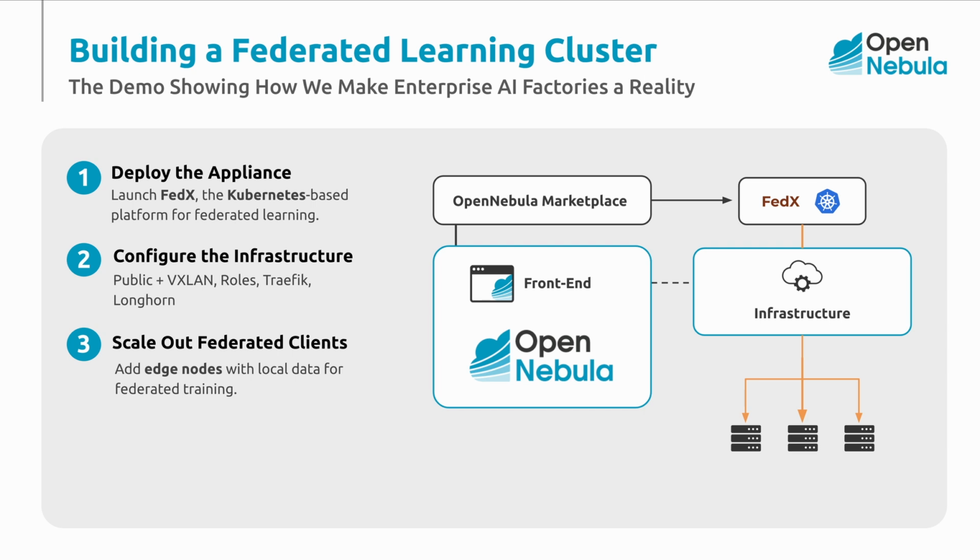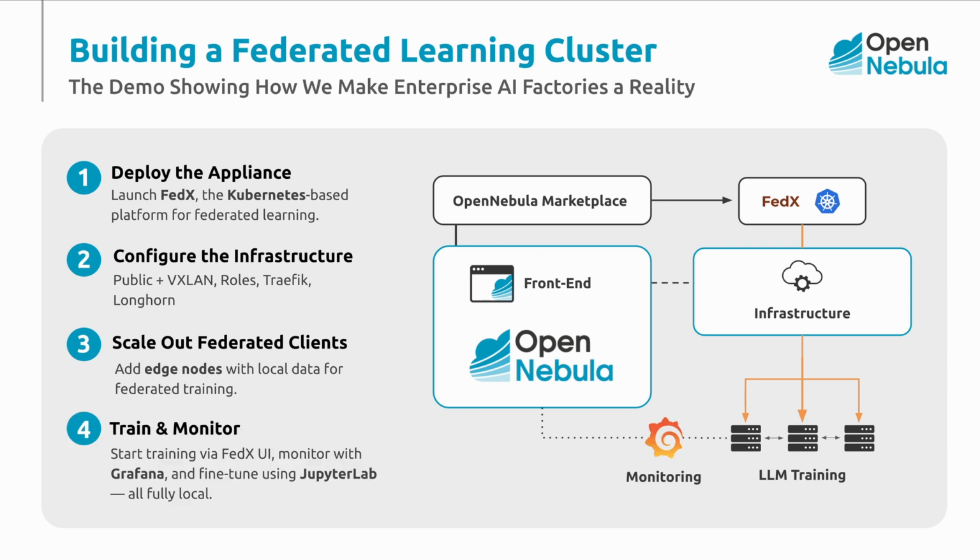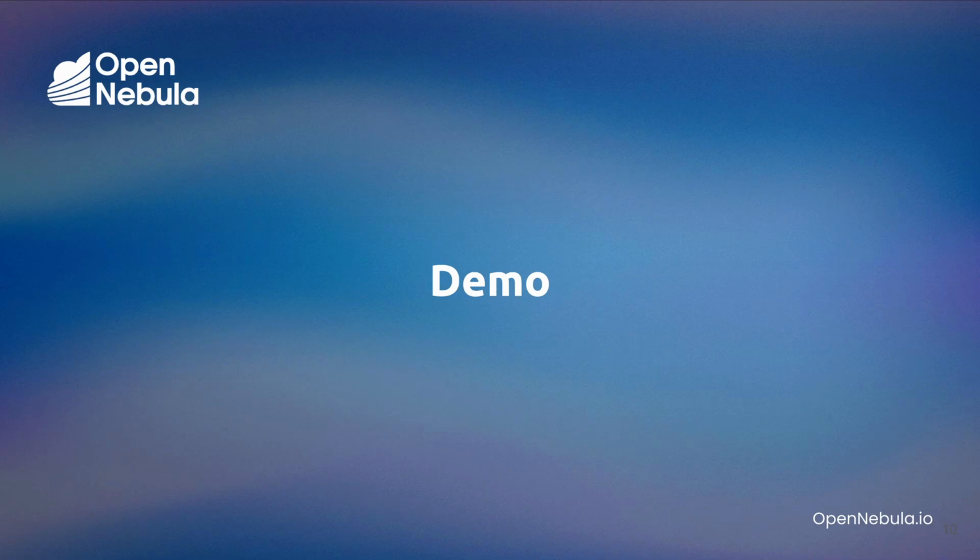These nodes operate autonomously, keeping control over the data while participating in the global training process. With everything in place, we launch the training job using the FedX web interface. We track performance live through Grafana and access JupyterLab directly in the cluster for hands-on experimentation and model refinement, all running locally without relying on external services.